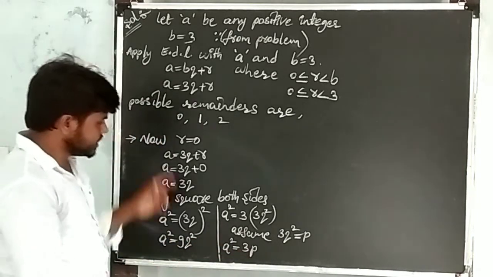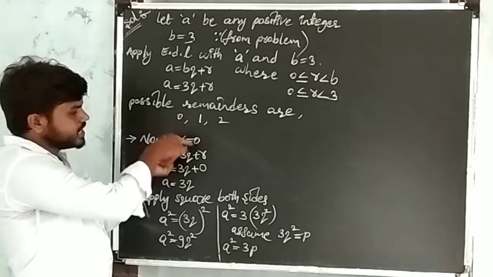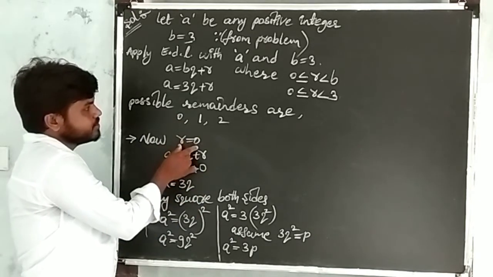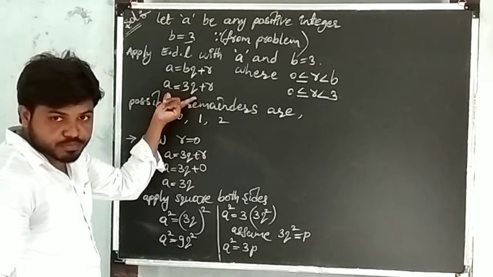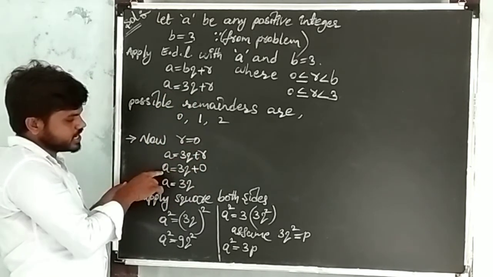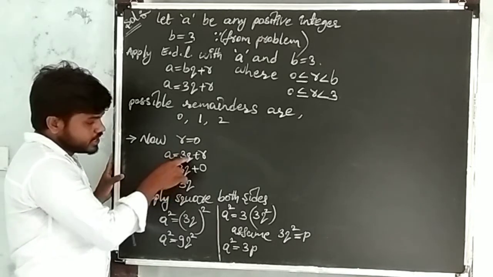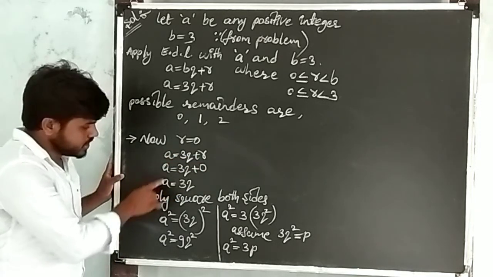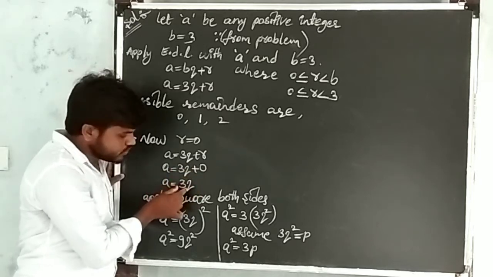I am repeating. I took remainder 0 and substituted this remainder in a equal to 3q plus r. A equals 3q plus 0, which is 3q.